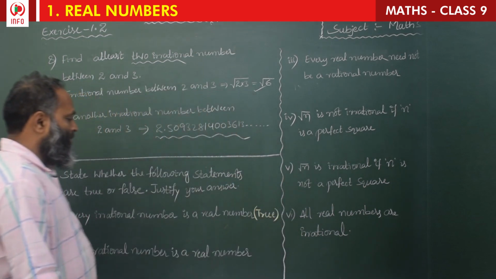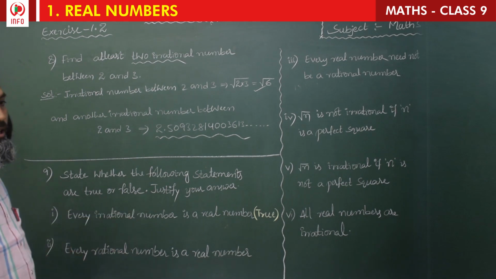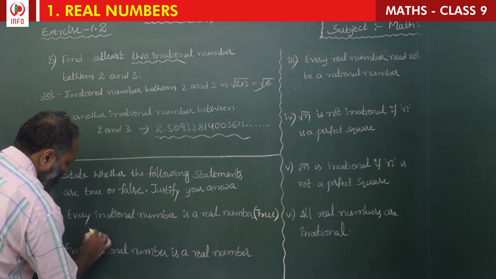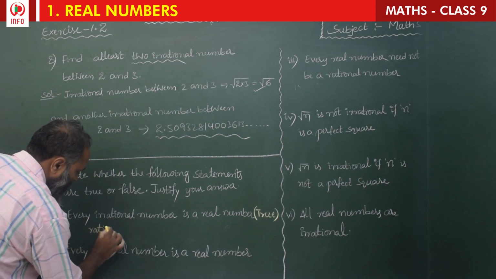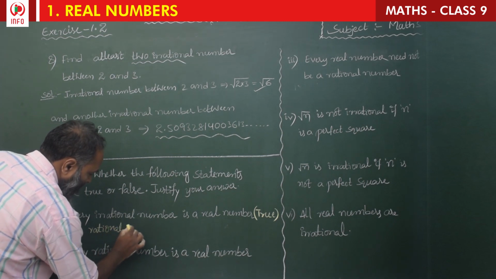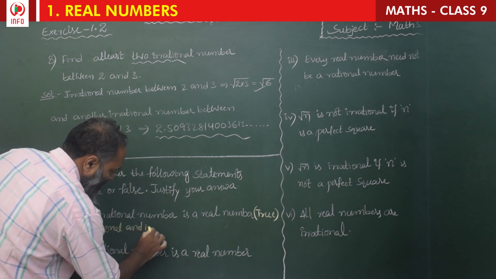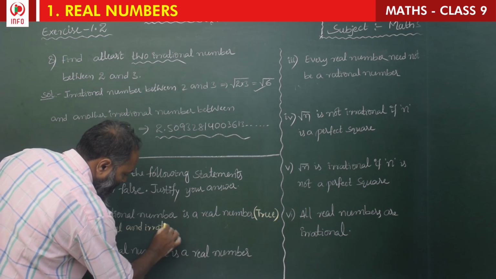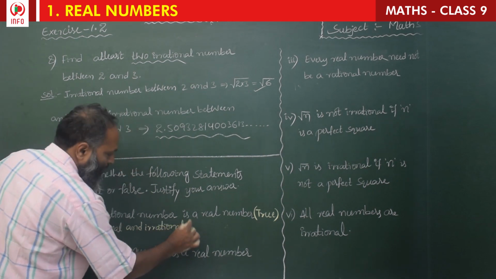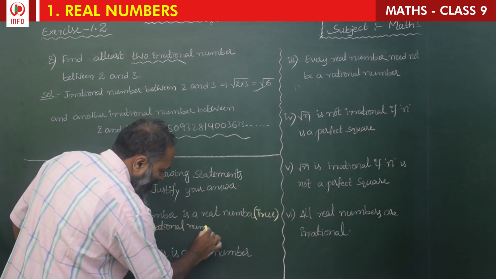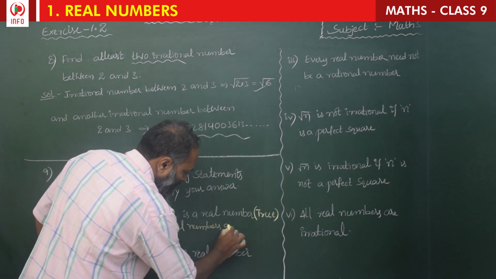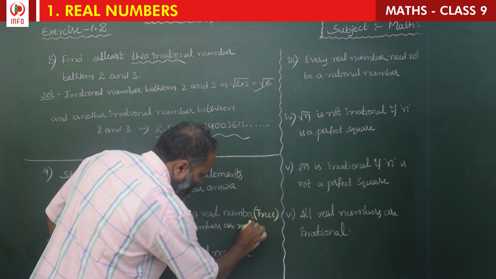How is it true? Irrational numbers are real numbers, because rational and irrational numbers are real numbers.